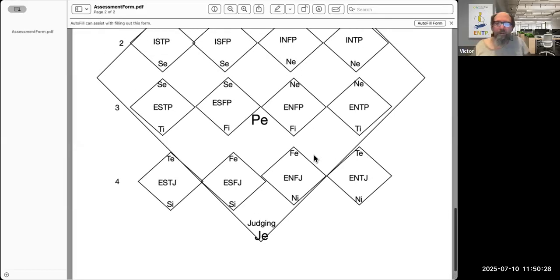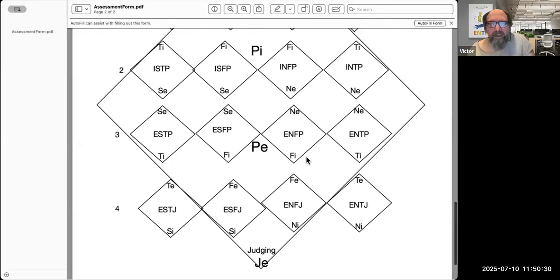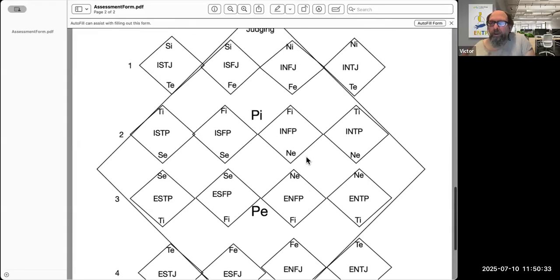Okay. So by getting familiar with this table, you begin to see, okay, this is the 16 personalities, and they have a clear organization to them.